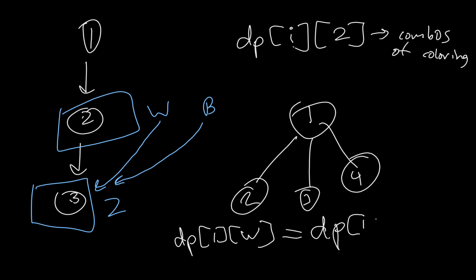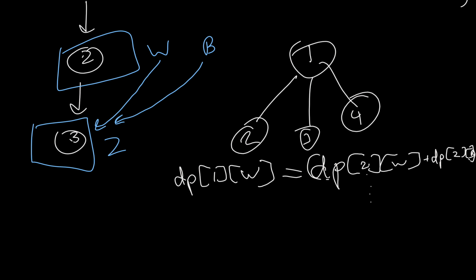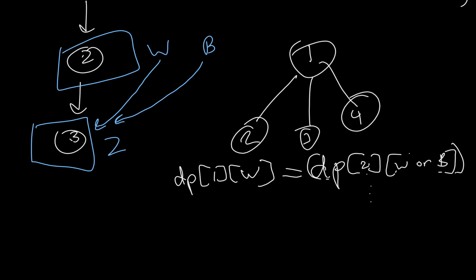You multiply the DP of 2 white plus the DP of 2 black, and you do this for every single child. Because node 1 is white, not black, any of its children can be black, so you just multiply all of these.